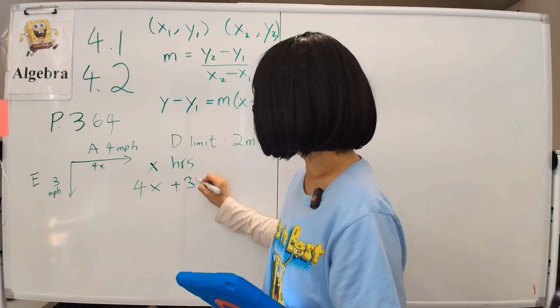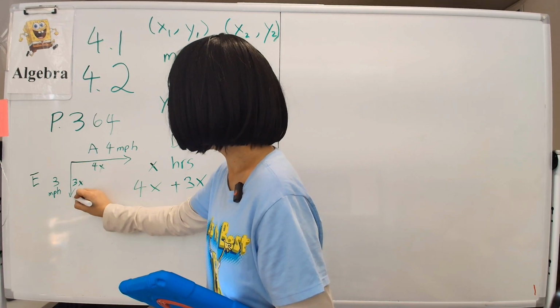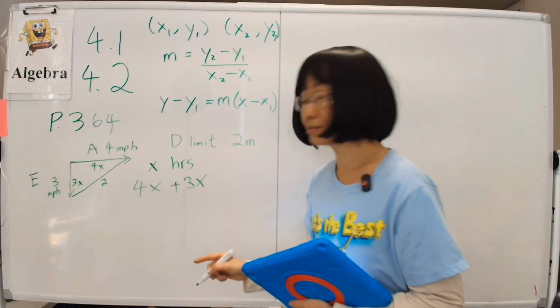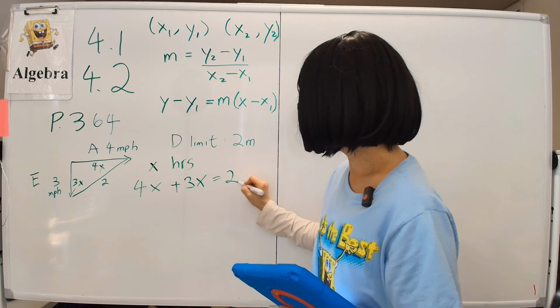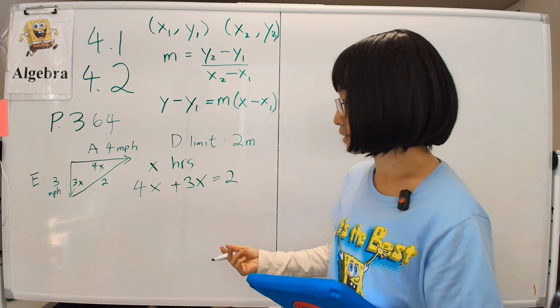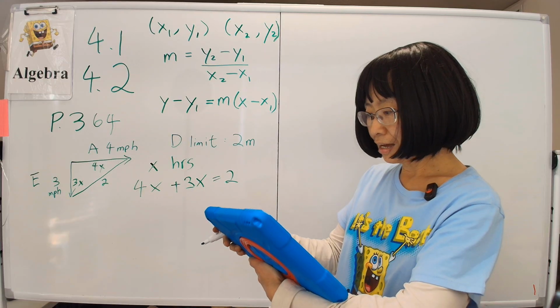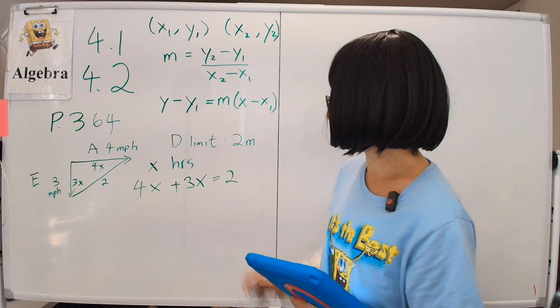So that length here will be 3X, and together it can be no more than 2. Okay, so 4X plus 3X can be at the most 2 miles. That's it. And so the question is, how many hours did they walk before they reach that point?